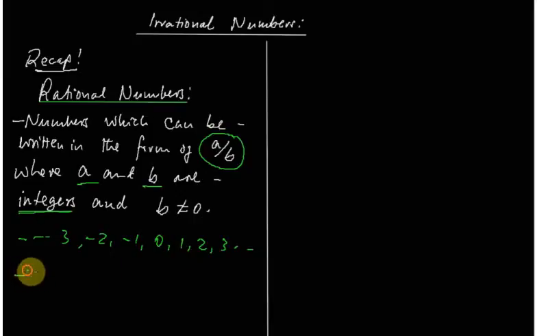So negative 3 is a rational number because it can be written as negative 3 over 1. 2 over 3 is a rational number. 7 is a rational number because it can be written as 7 over 1. This is not our deal today. Our deal today is irrational numbers.